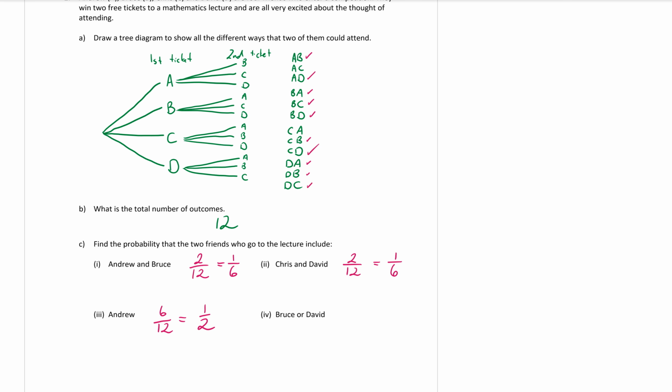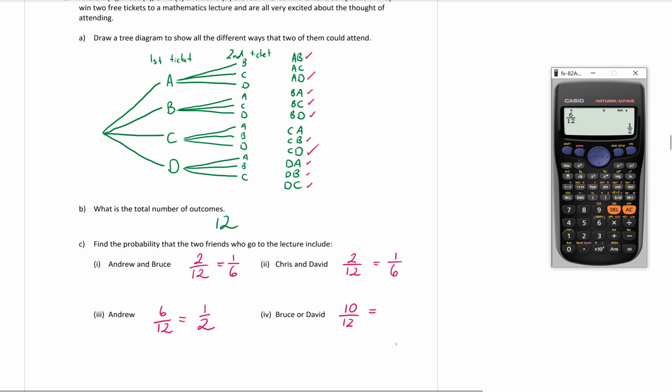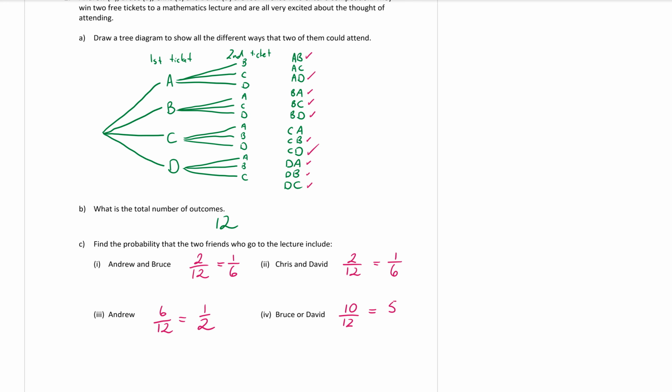Okay, so all of those ones would have either Bruce or David or both of them attending. So that is 1, 2, 3, 4, 5, 6, 7, 8, 9, 10 out of the 12, which simplifies to 5 over 6.